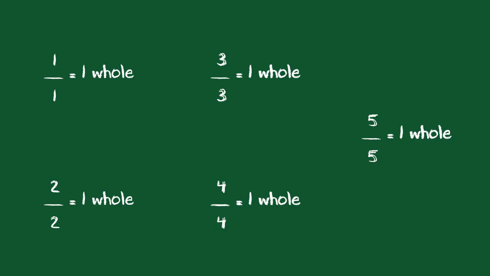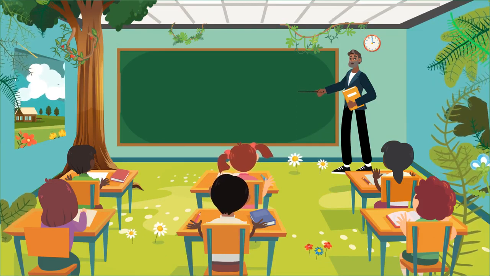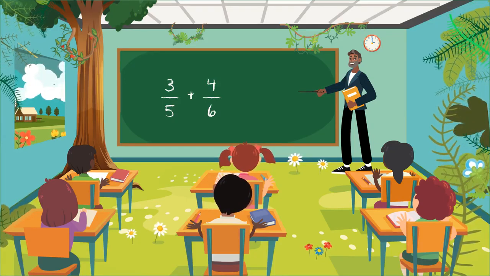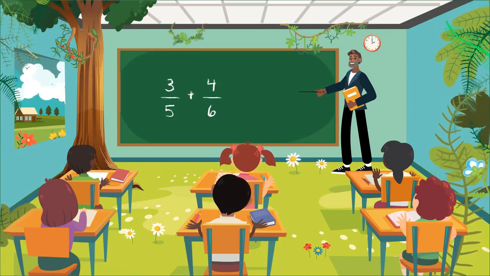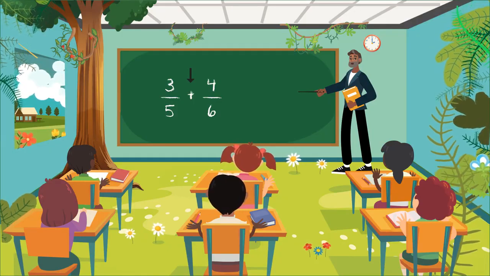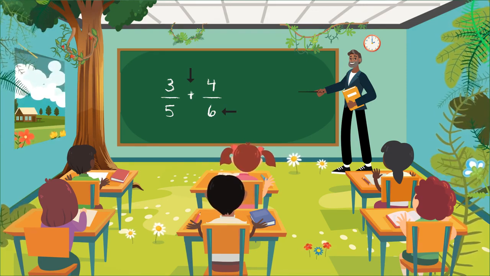You get it. Now, let's go to a problem with unlike denominators. 3/5 plus 4/6. Step 1, look at your sign. Step 2, look at your denominators, the bottom numbers, to see if they are the same.